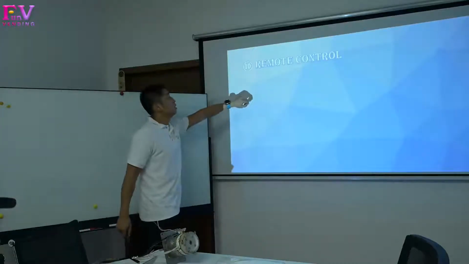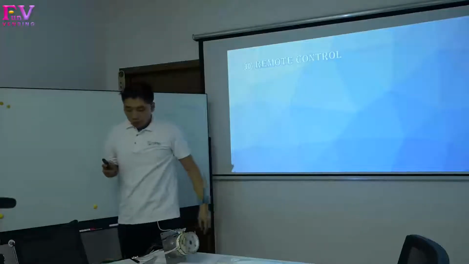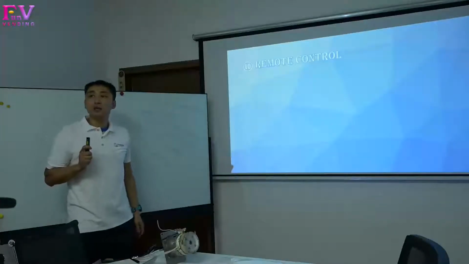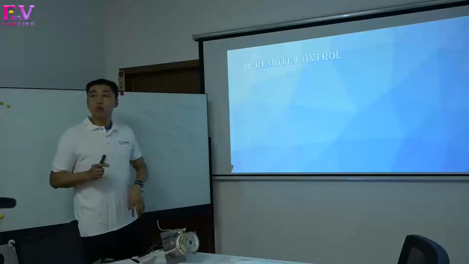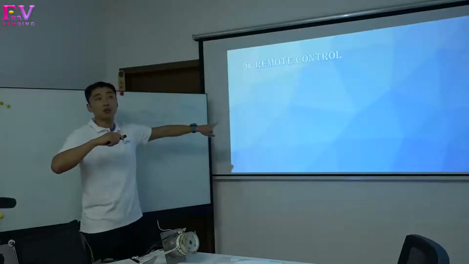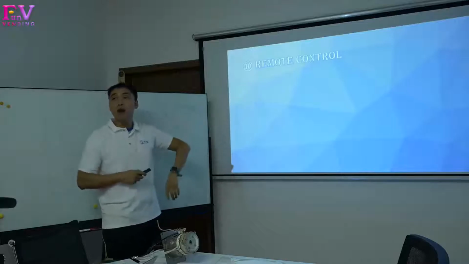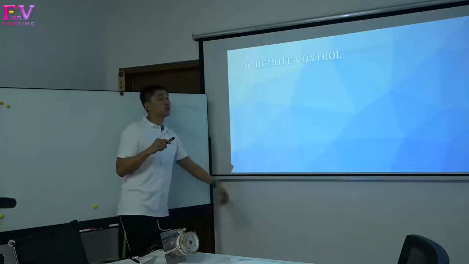Okay. So we are talking about the remote control, and this part is very important to the customer to see the machine's condition. Why? Because in our last generation, we didn't have the remote control.